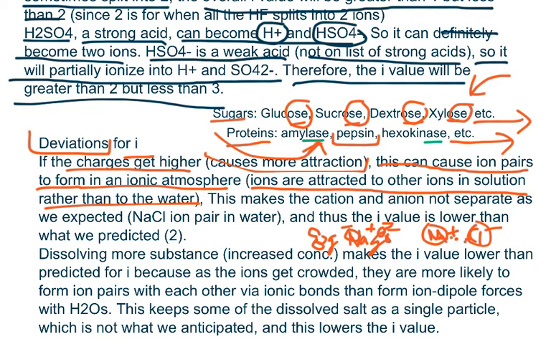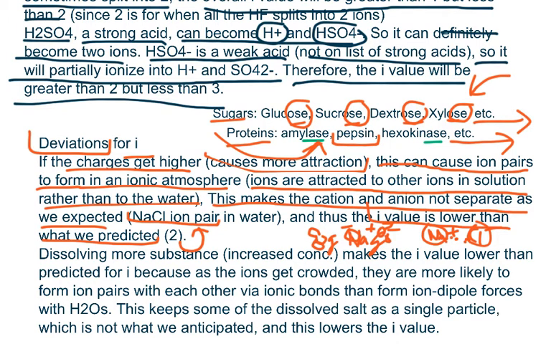So this causes the cation and anion not to separate as we expected, because NaCl can form ion pairs in solution. And because it's not splitting into two particles like we expected, the i value will be lower than what we predicted for NaCl. So if NaCl starts forming ion pairs, then the i value will be less than 2.